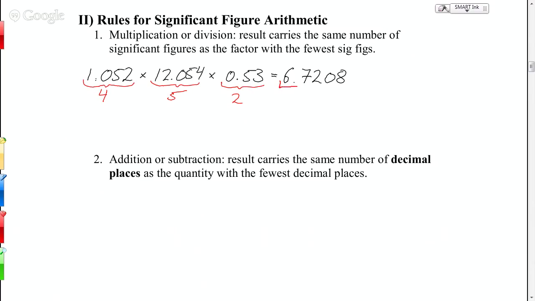So that means only 6.7 is how we should report that answer. And that's important because if we report all those other numbers, we're telling people that we have a level of precision that we don't actually have. We're telling people that our measurement is more precise than it actually was. And that's not correct.